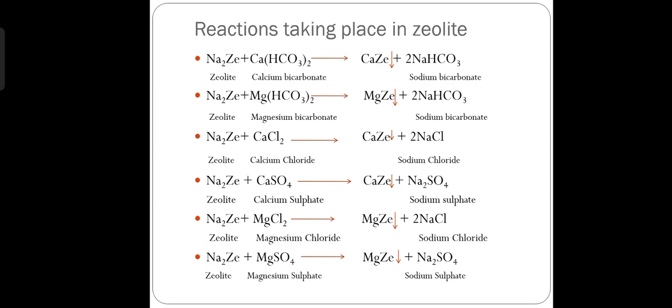So by viewing all the reactions, we are able to know that all the calcium and magnesium causing hardness are trapped in the form of calcium zeolite and magnesium zeolite precipitate, which are retained on the topmost layer of the zeolite bed. And the water will be carrying all types of sodium salts, whether it is NaCl, NaHCO3 or Na2SO4.